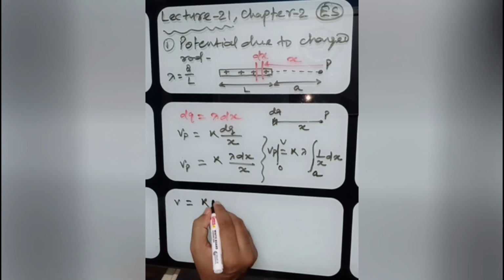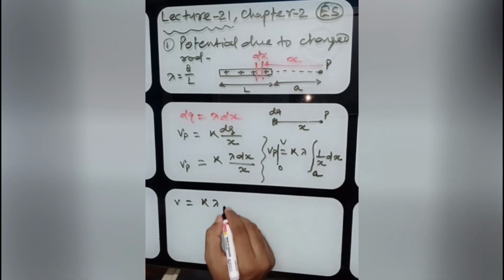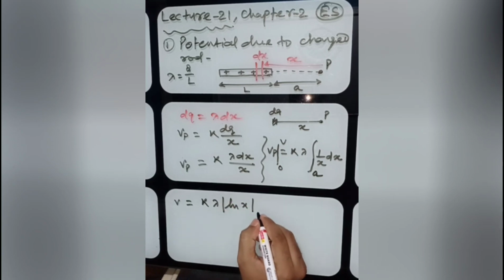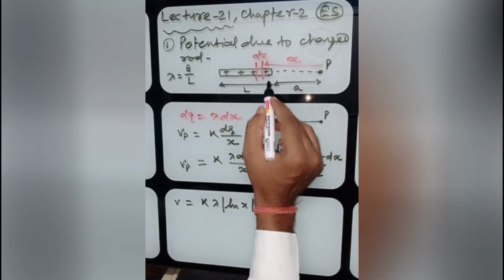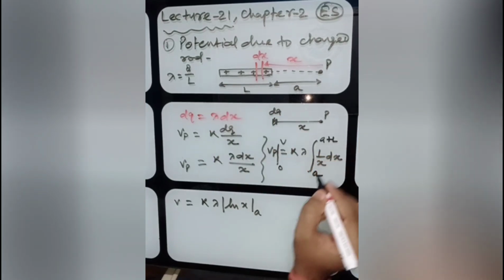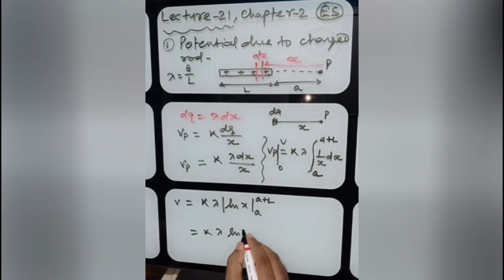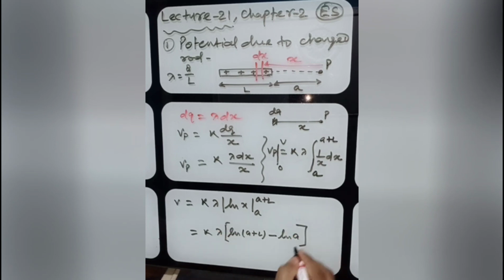It is k times lambda times the integral of 1 over x, which is natural log x, with limits from A to A plus L. So the answer will be k lambda ln(A plus L) minus ln A, and you can write it as k lambda natural log of (A plus L) by A.